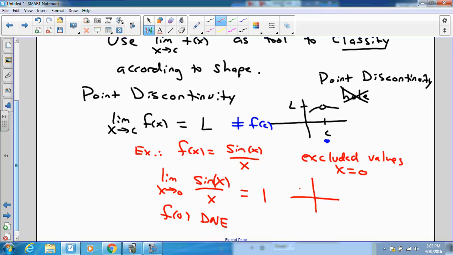And that means that the graph of sine x over x near x equals 0 is going to come in, have a hole at x equals 0, y equals 1, and keep going. So we learned something about the shape of the graph around x equals 0 from the limit. The limit is our tool of analysis.